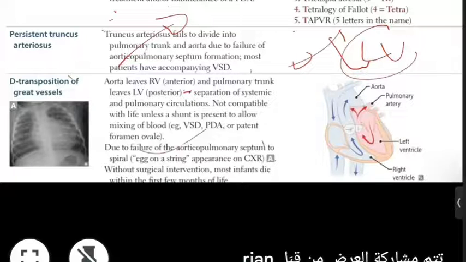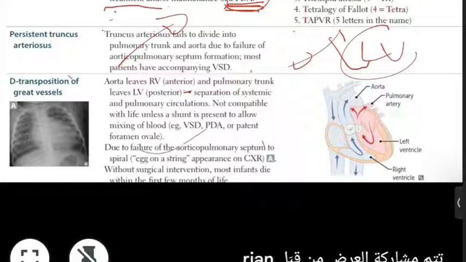So you need to do emergent surgery, treatment, and sometimes you need to maintain the patent ductus arteriosus. We spoke about it in the previous lectures in the physiology or embryology part. We talked about the patent ductus arteriosus.